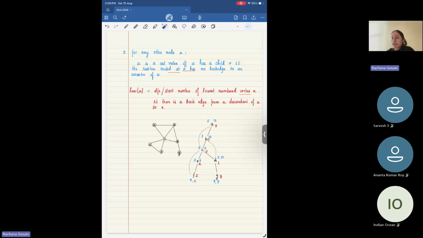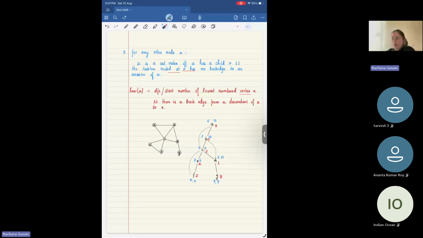And once you are done with the descendants of u, you will have the information about the low of the children of u. Using those numbers and any back edges going from the node u to an ancestor, you will be able to identify the low of the current vertex.